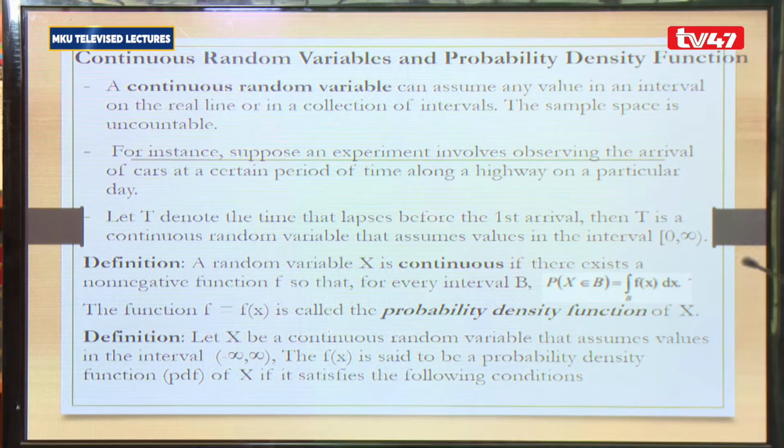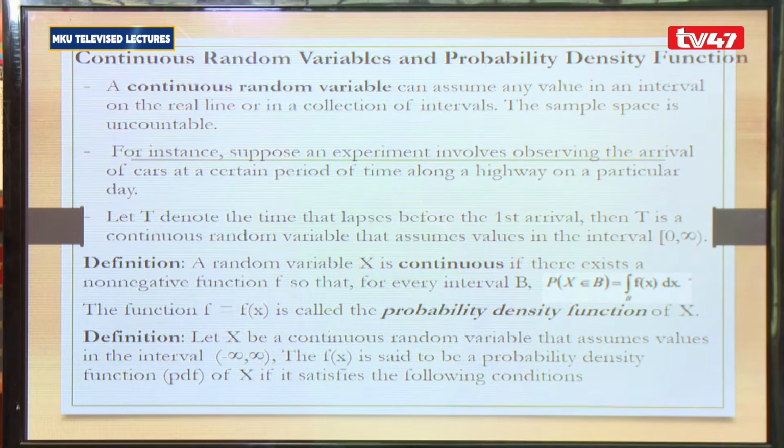For continuous random variables, the associated function, table or expression that can give the corresponding probabilities is called a PDF, probability density function. Notice that previously when we had discrete random variables, we had PMF. So in this case, we call them PDFs.